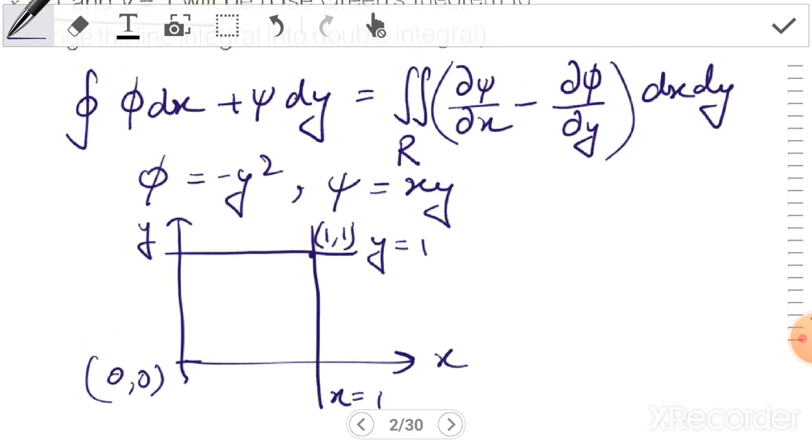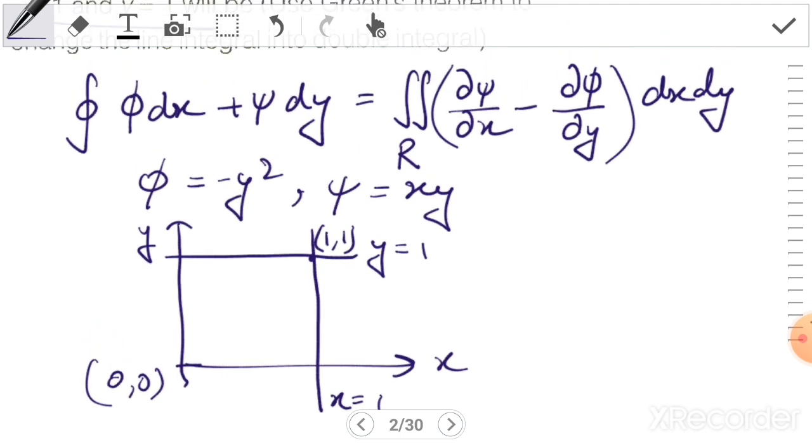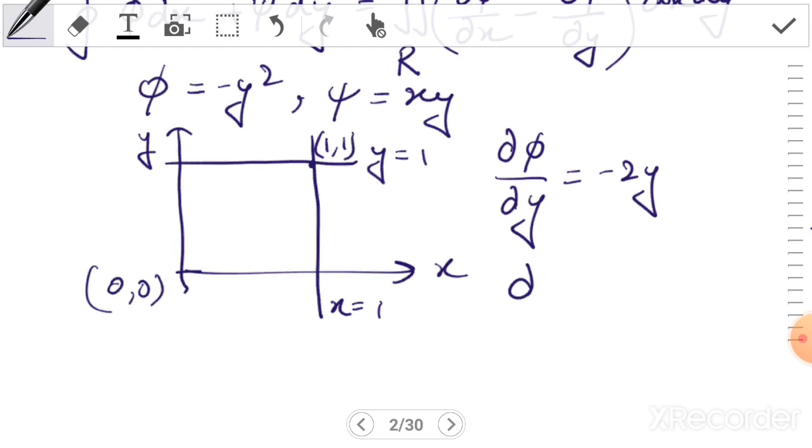So here, since phi is minus y square, d phi by dy partial derivative will be equal to minus 2y, and d psi by dx will be equal to y, because we are differentiating xy with respect to x.